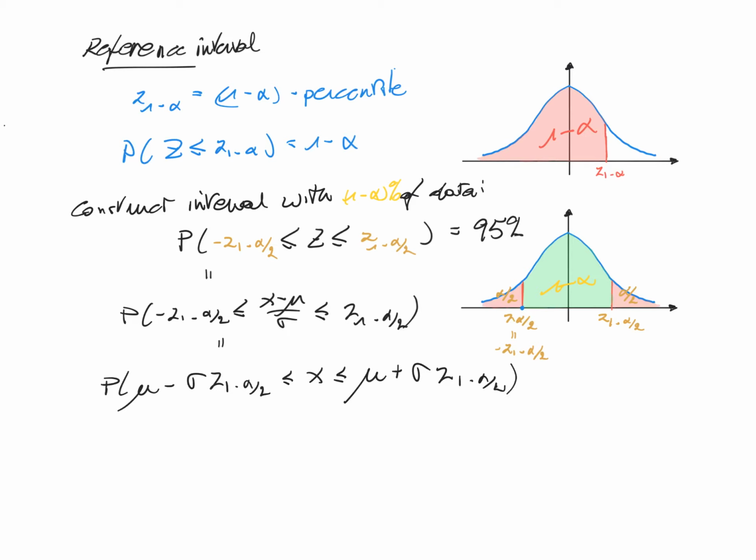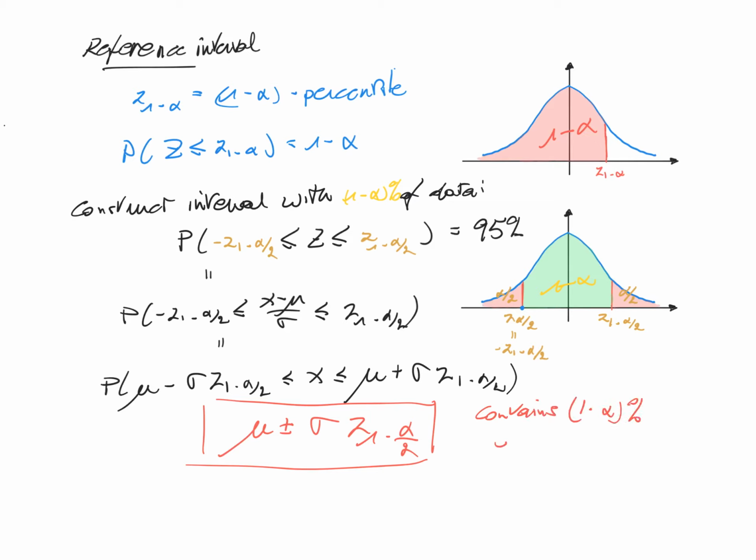And so, for any given normal distribution, the reference interval is the interval mu plus or minus sigma times z of 1 minus alpha over 2. This is the interval that will contain, for the given normal distribution, 1 minus alpha percent of all the observations.